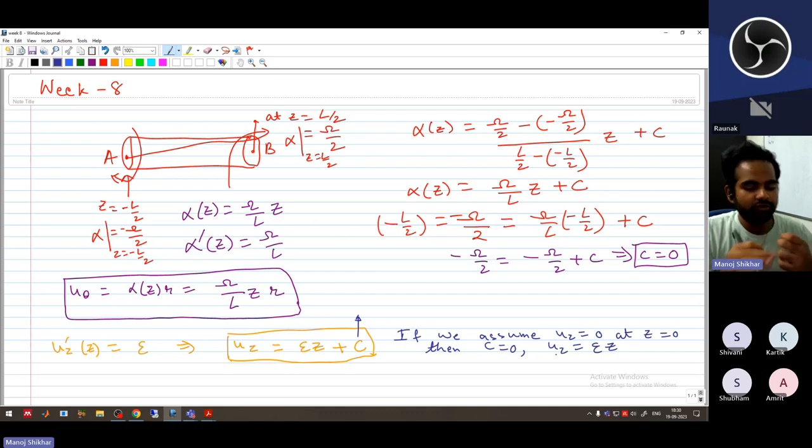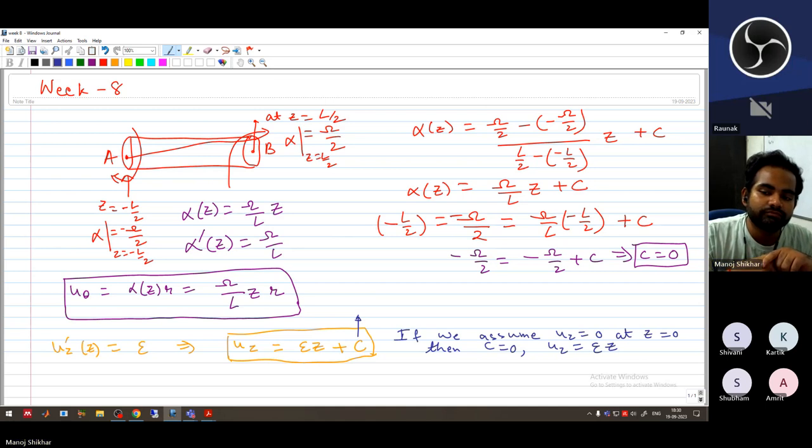Okay. But there could be some problems where we can't take c equal to 0. So just keep this thing in mind so that you don't make any mistake in the exams. And if in exam you get a condition where this is valid, that uz equal to 0 at z equal to 0, then okay, use this formula, uz equal to epsilon z. But keep this in mind.